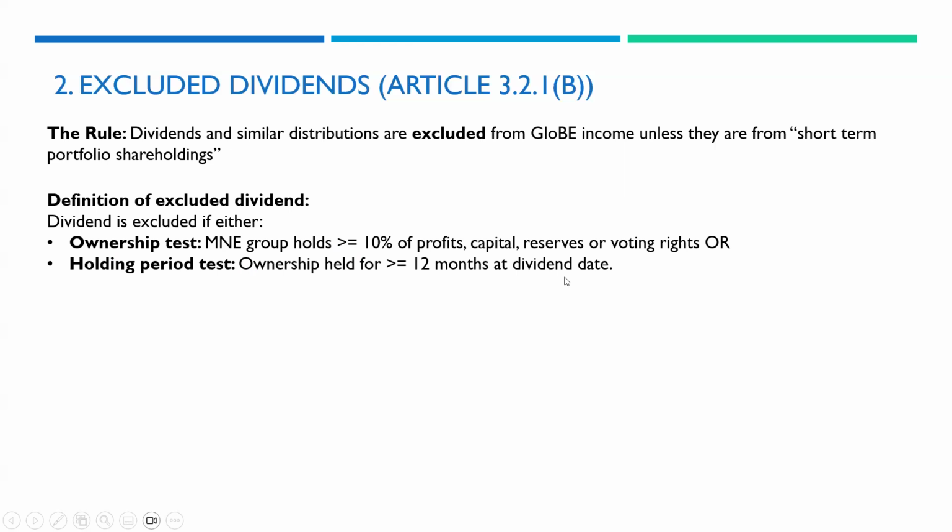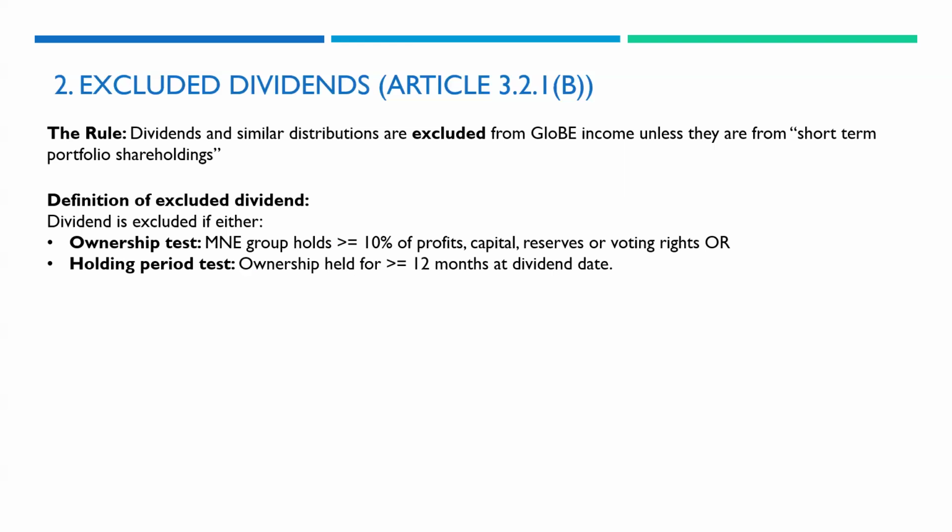So if I don't have 10%, but I hold it for 12 months or more at the time of issuance of the dividend, then yes, it can be excluded.